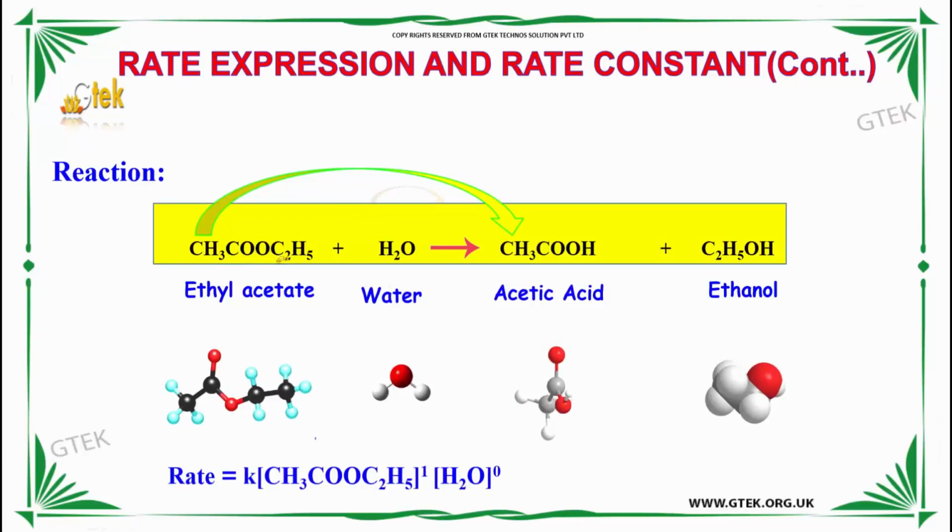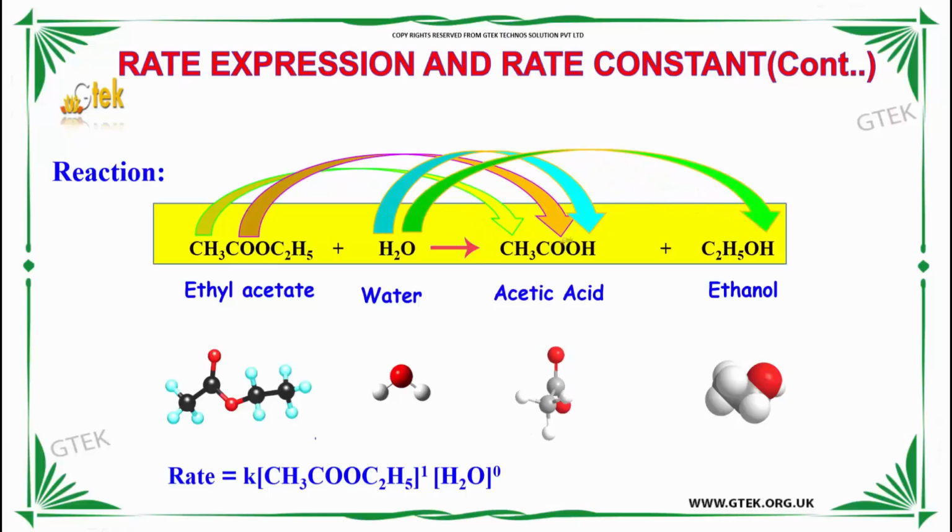Ethyl acetate with water gives acetic acid and ethanol. Over here your ethyl acetate has a rate order of 1. For water it's a neutral value, it's 0. Whatever water you add, you won't get any change here. It doesn't have any major impact. This is referred to as rate constant values.